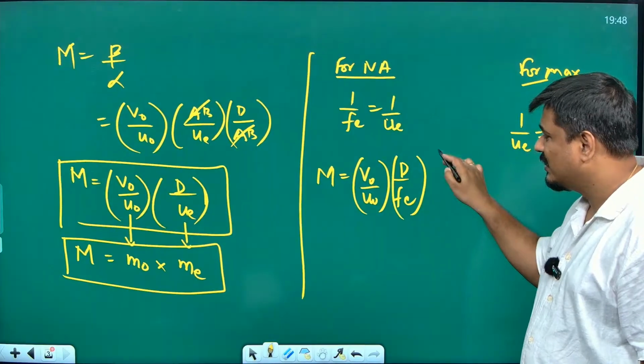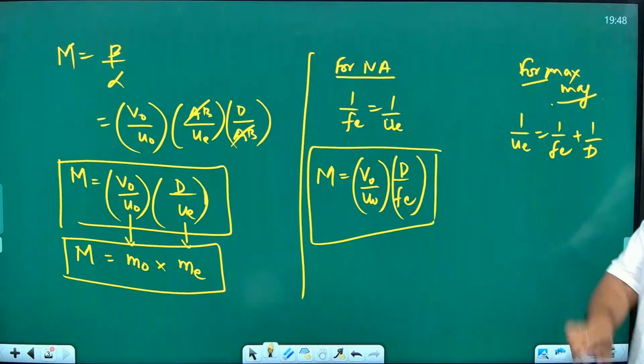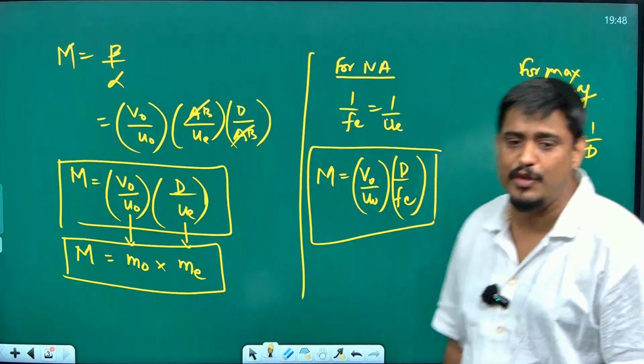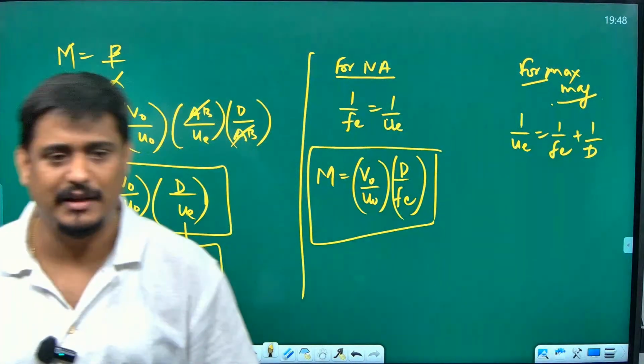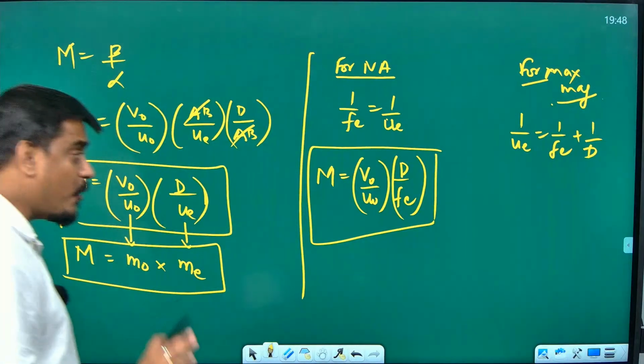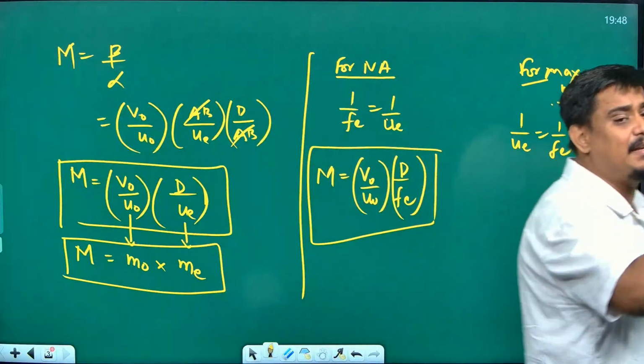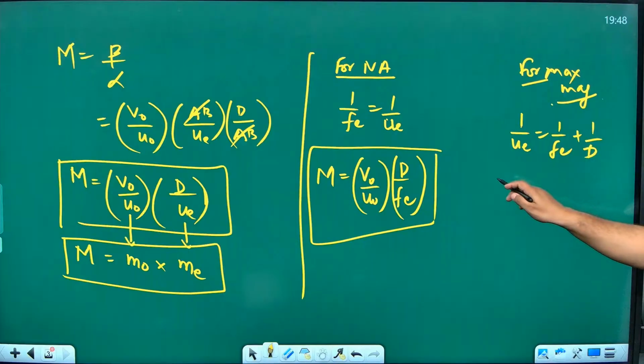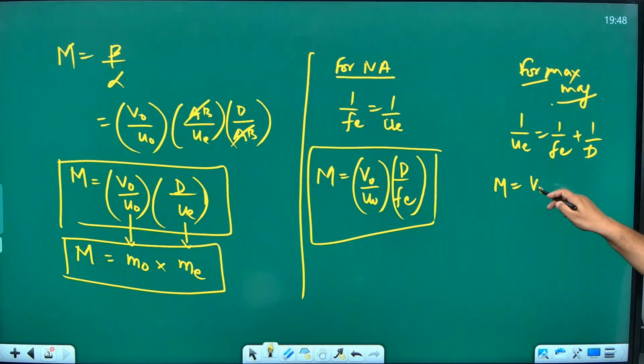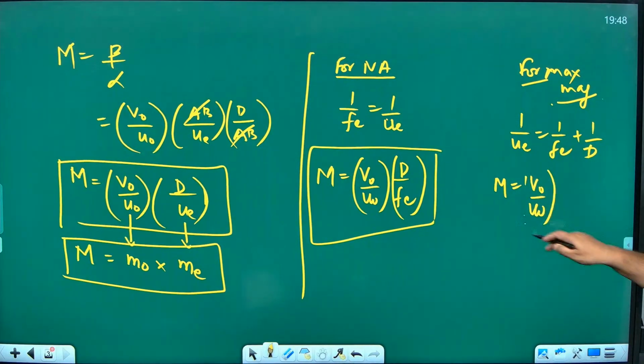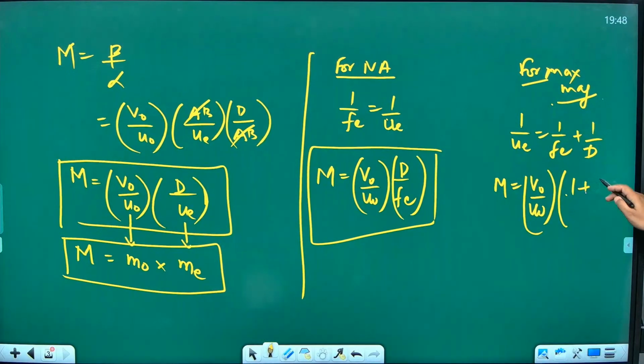So compound microscope under normal adjustment has magnification of VO by UO into D by Fe. And compound microscope under maximum magnification condition has a magnification of VO by UO into 1 plus D by Fe.